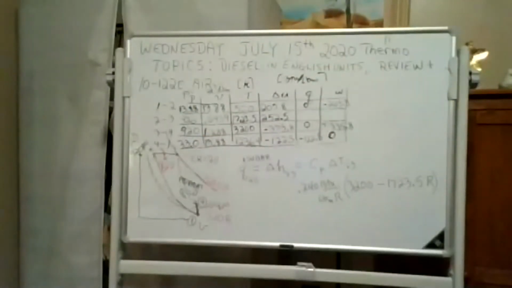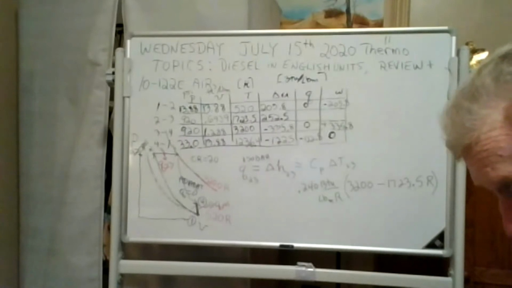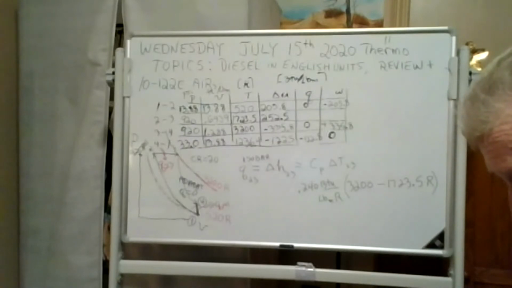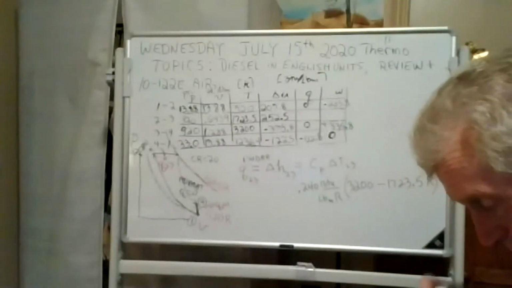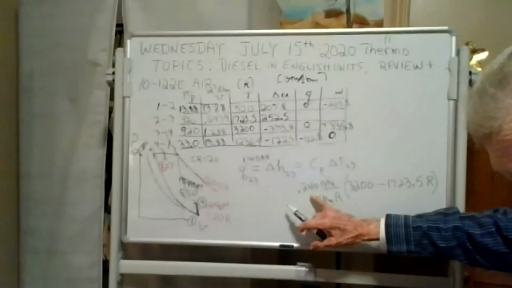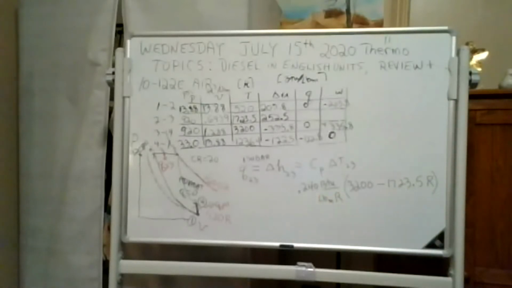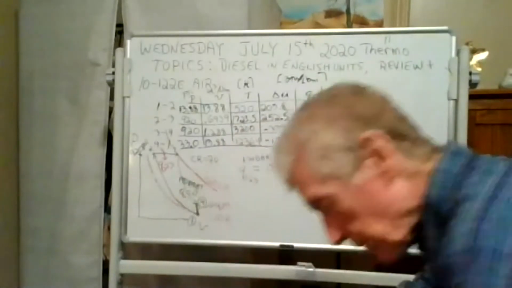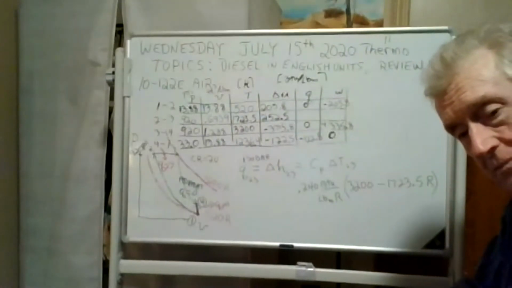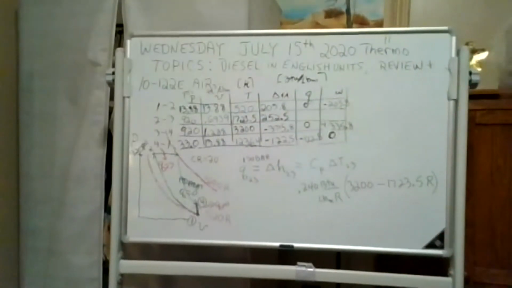If you go to the back and you look up C sub P for air, C sub P for air. I'm trying to find it here. By Jove, it's 0.240 BTUs per pound mass Rankine. I got that right. See, even a blind squirrel finds a nut now and then. All right, do that for me. Let's go.